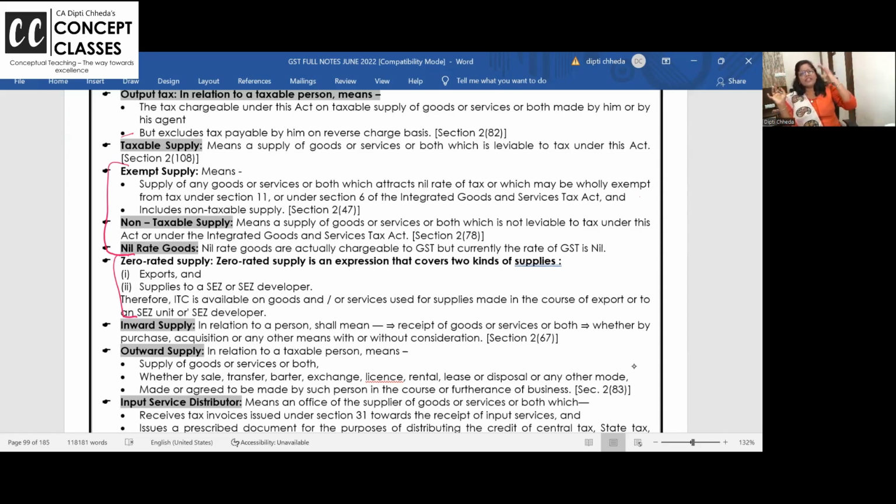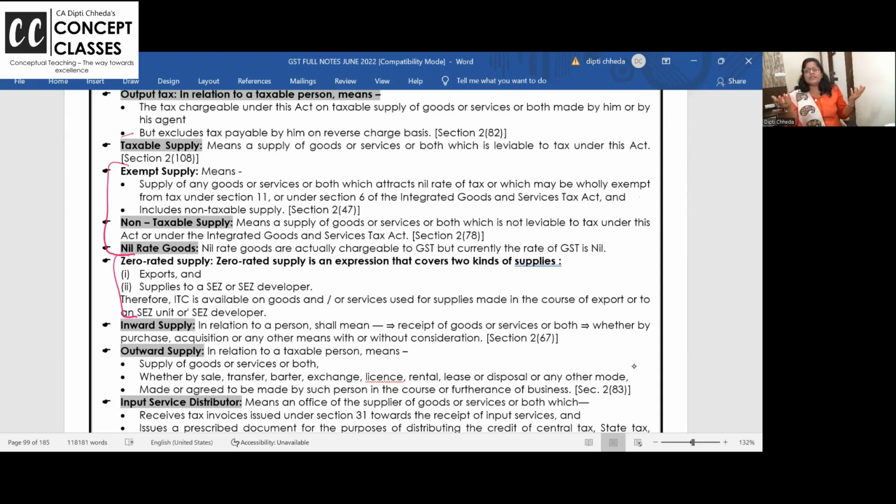If you are purchasing 100 and 60 you are supplying in the domestic tariff area other than SEZ, 40 you are supplying in SEZ. SEZ zero rated area में जो supply होता है, 100% you can take the credit.